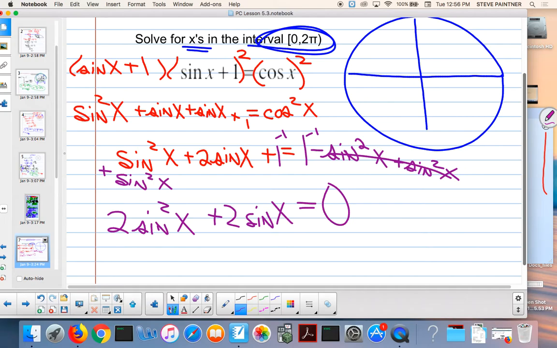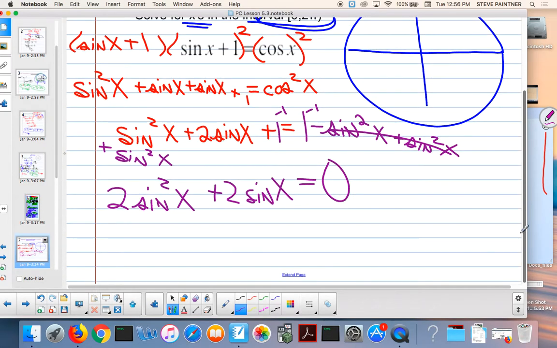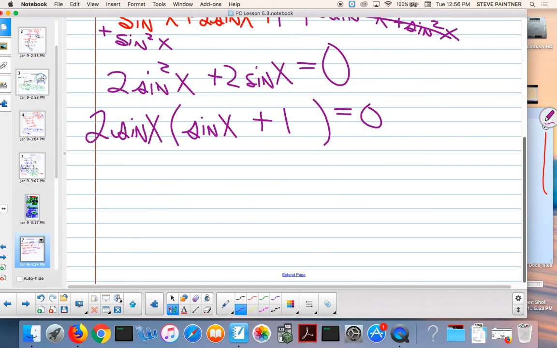Now, this has a quadratic look to me, guys. Quadratics you can factor. Factor out a 2. Factor out 2 sine. What's left? Sine of x plus 1. How many factors do you have? 2 factors, this times this.